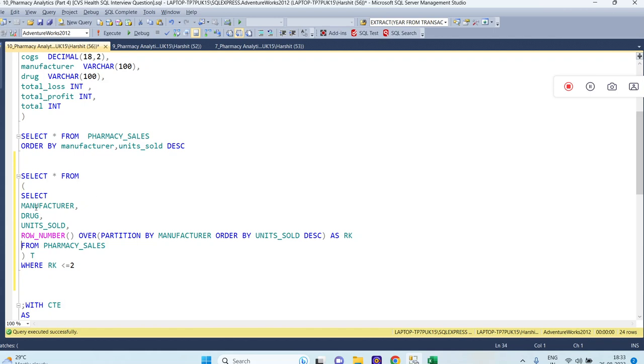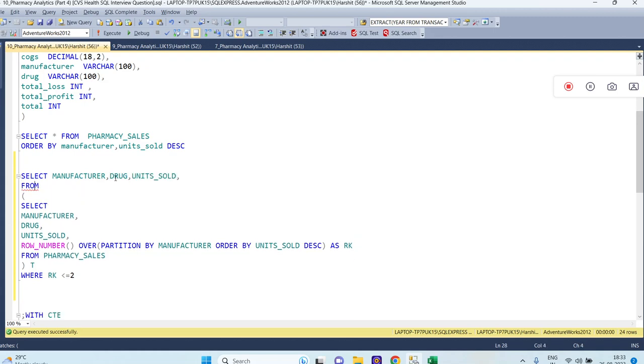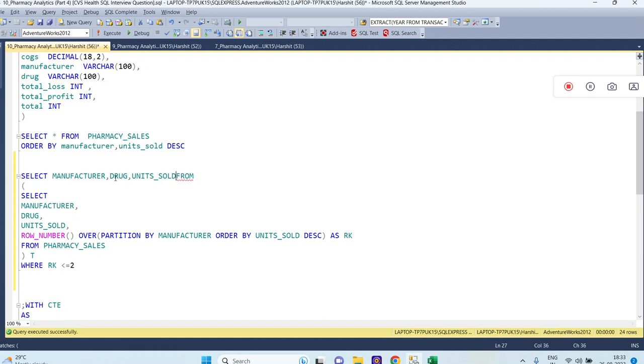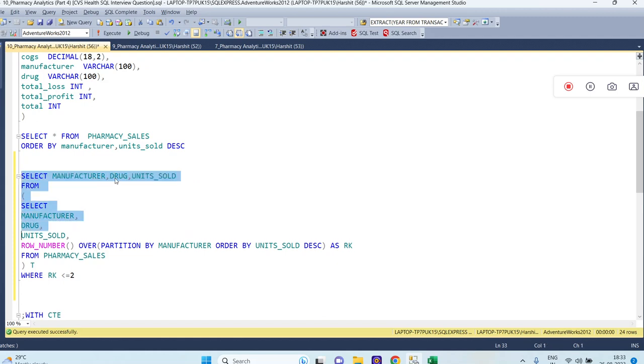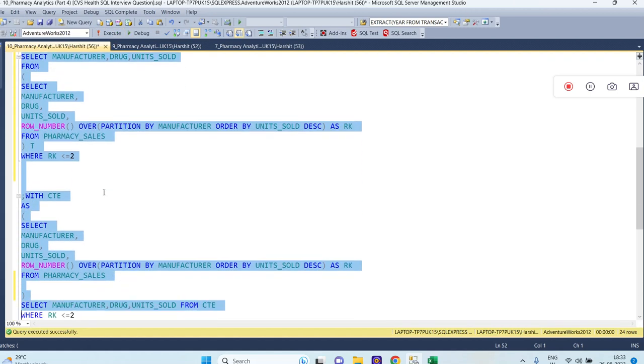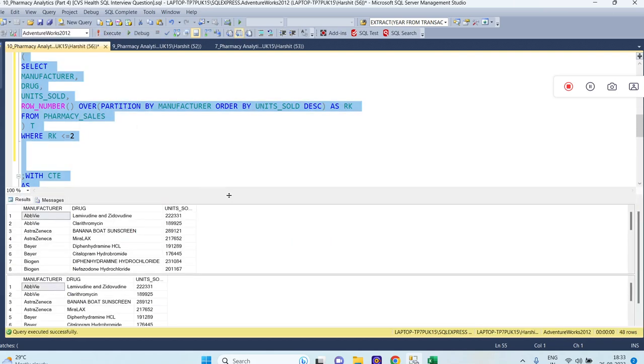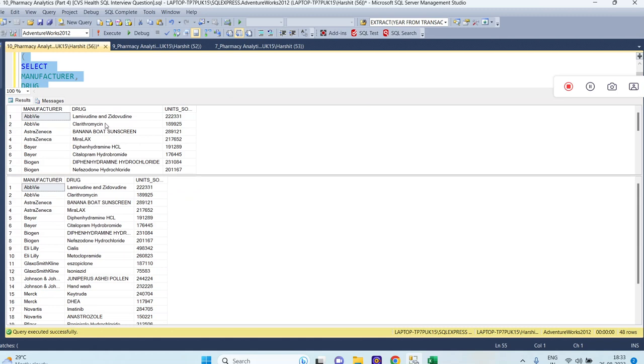Now, which columns do we require over here? We require manufacturer, drug and units sold. These three columns only we require. So let me execute this query. If you see, both queries will give the same output, right?